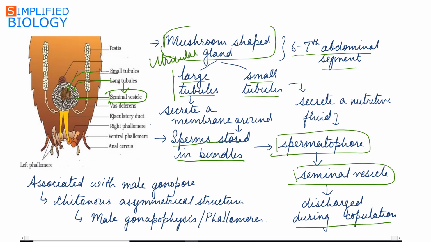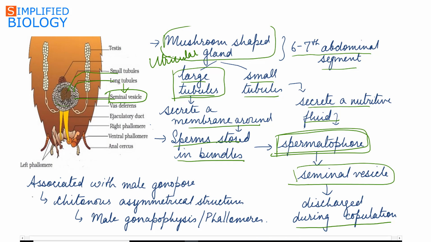The large tubules of the accessory reproductive gland secretes a membrane around the sperm groups, while the small tubules secrete a nutritive fluid in the spermatophore.